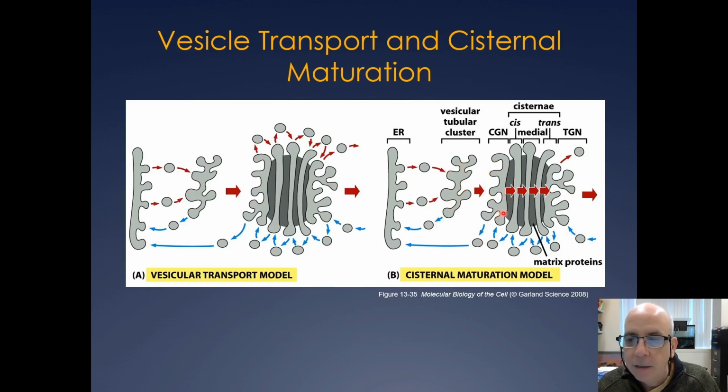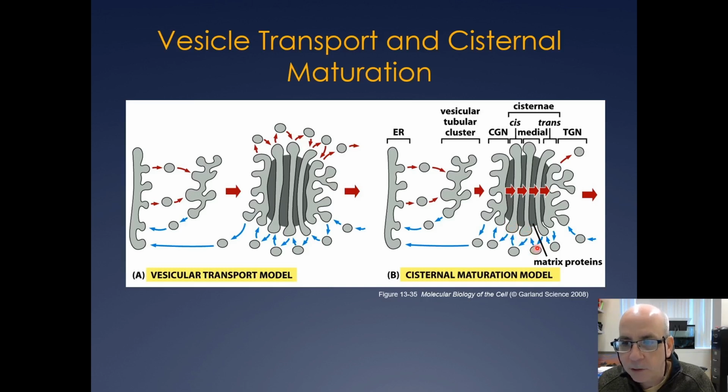Then that cis-Golgi network will mature to become the cis-Golgi, and there's no forward vesicle budding. It's only retrograde transport, where things that make the cis-Golgi are because everything that became the medial is retrieved back to the cis-Golgi, right?